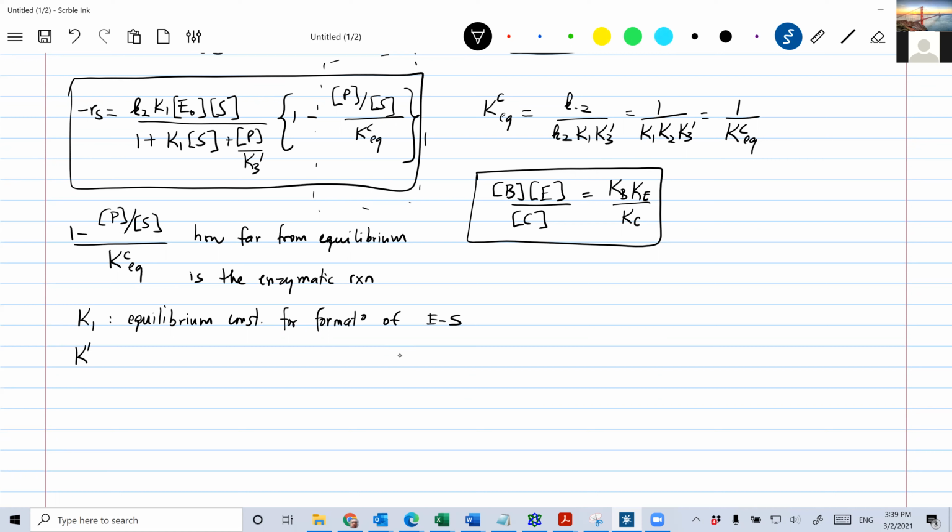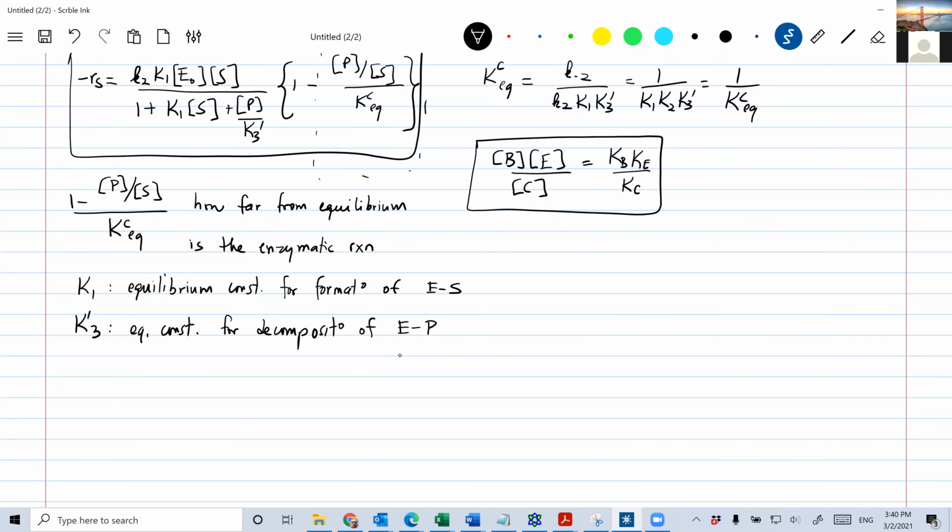K3 prime is the equilibrium constant for the decomposition of the enzyme product complex. The reason why we kept calling it K3 prime is because often the convention is to have equilibrium of formation instead of equilibrium of decomposition.